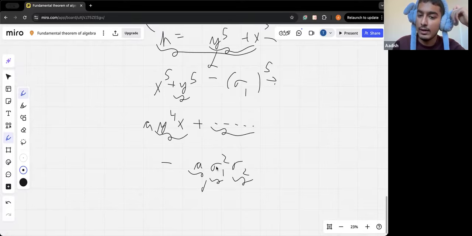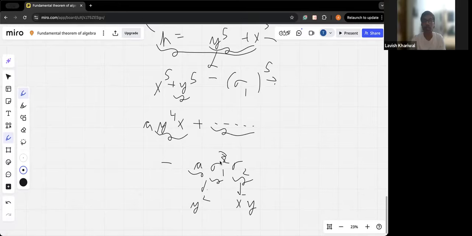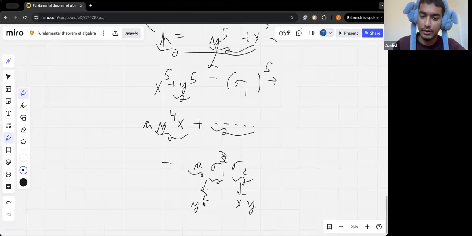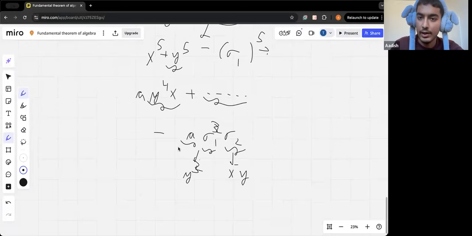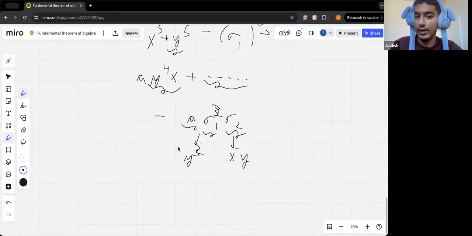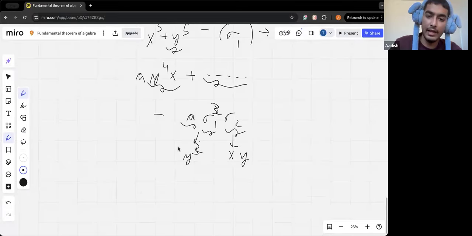Sigma 1 cubed has highest y term y^3, and sigma 2 is just xy. I'm sorry, this should be cubed. So the highest term is y^4 x. Yes, it's clear. So you can sort of see how you can do this.